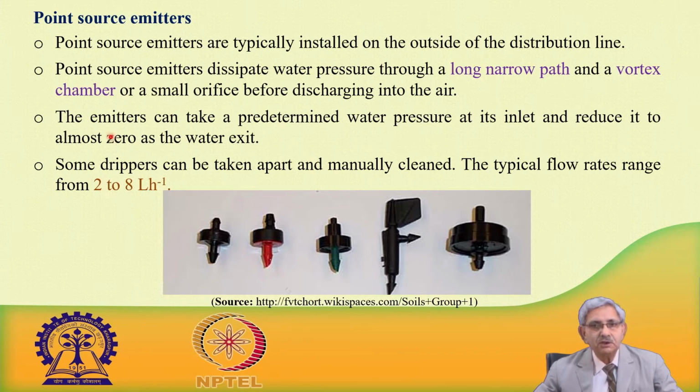When the water exits from the outlet of the dripper, the pressure available at the exit point is 0. Some drippers can be taken apart and manually cleaned. The typical flow rate ranges from 2 liters to 8 liters per hour.